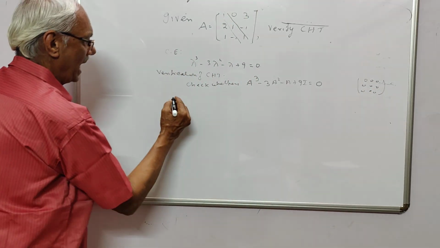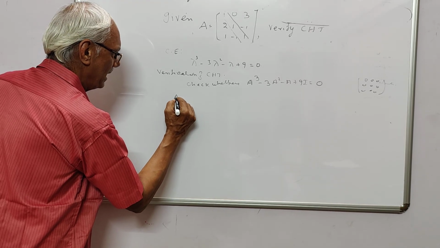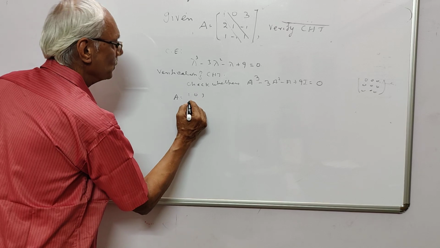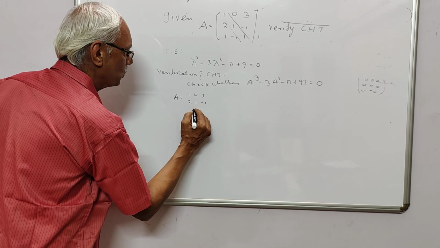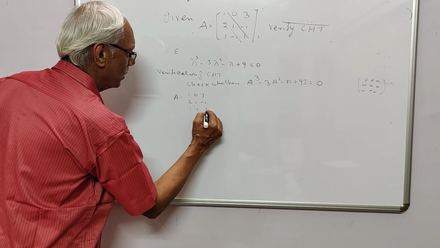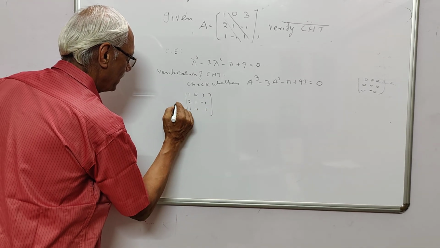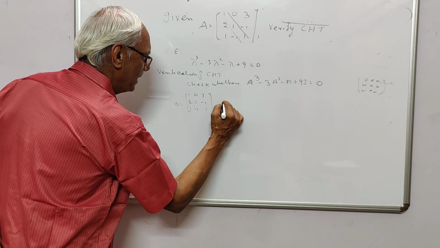Okay. Now I will write here, your A is 1 0 3, 2 1 minus 1, 1 minus 1 1. This is your A. Now what is your A squared?